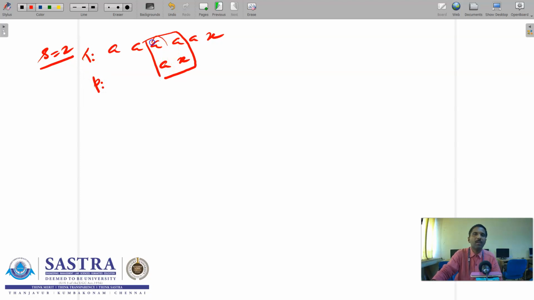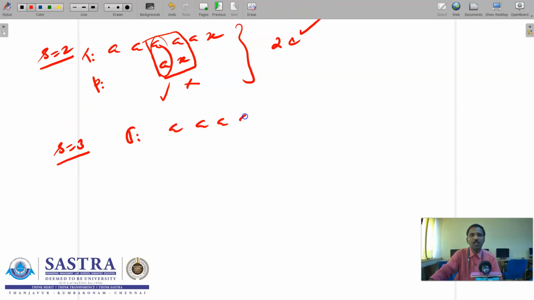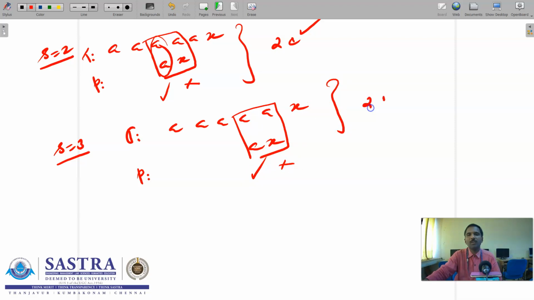A and A result in a match, then A and X mismatch. Here two character comparisons are performed. Then shift S is equal to 3. The pattern is moved one position right, 1, 2, 3, 4th A, X. Here A and A match, this A and X mismatch. Here we have performed two character comparisons.